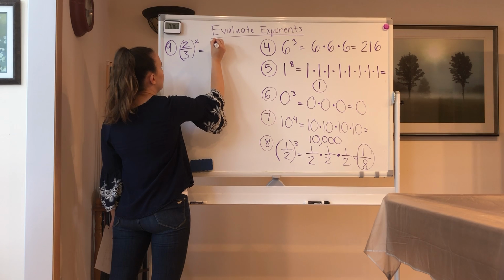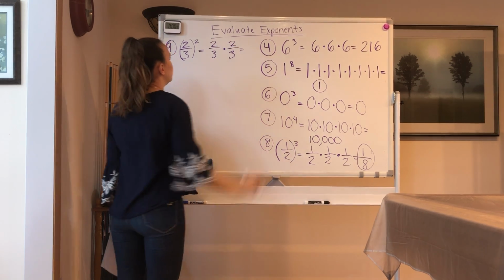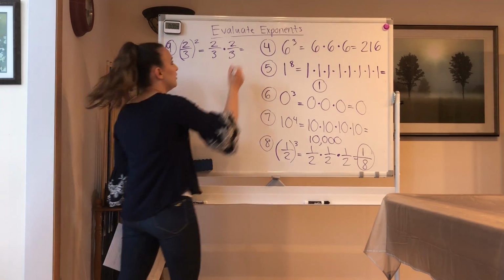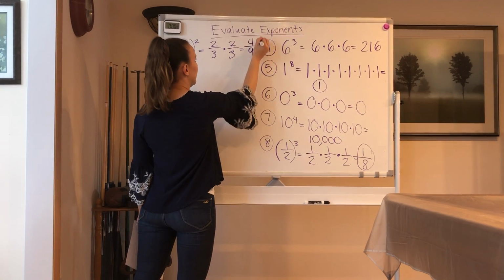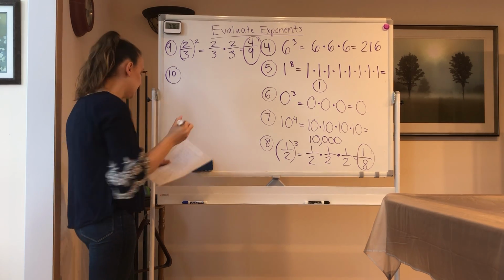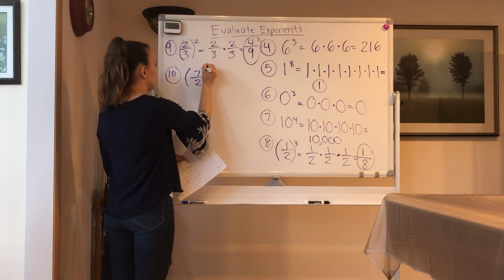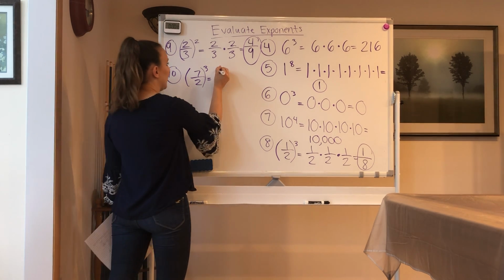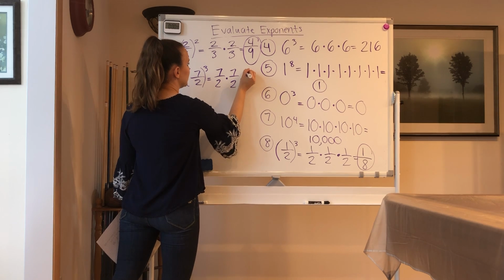Okay, so you have 2/3 times 2/3. There's 2 of them. So 2 times 2 is 4, and 3 times 3 is 9. Okay, next one is 7/2 cubed. So 7/2 cubed is 7/2 times 7/2 times 7/2.